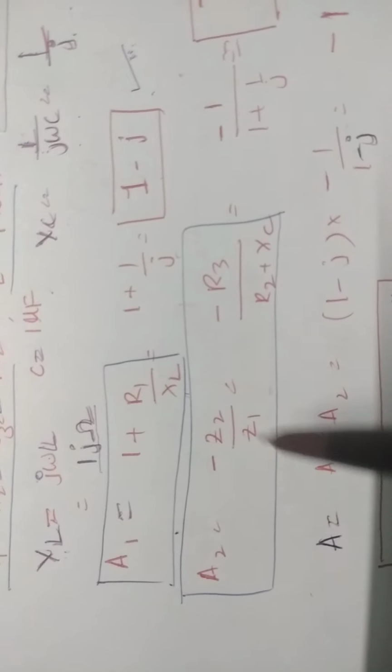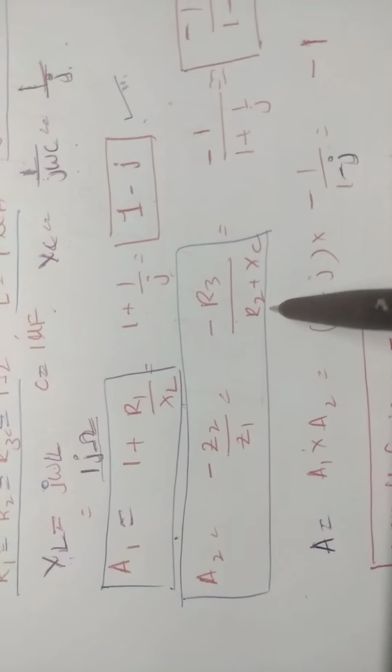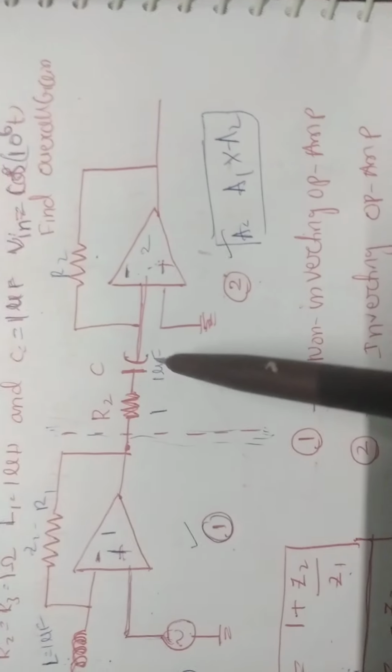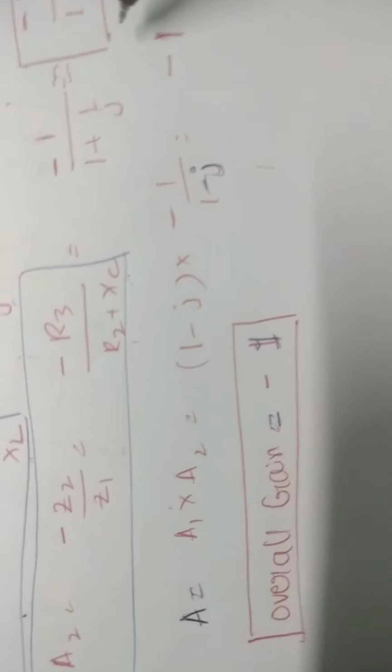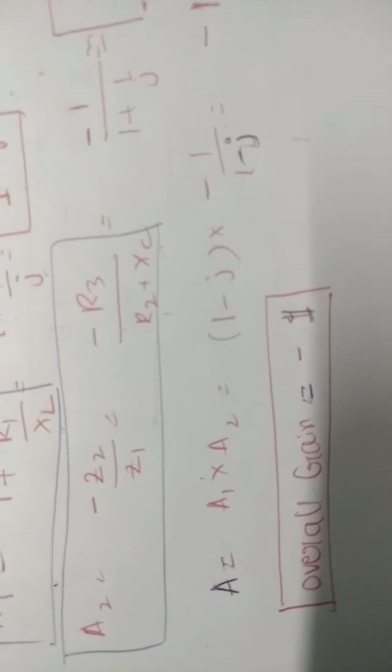A2 is minus Z2 by Z1, that is minus R3 by R2 plus XC, where XC is the capacitive reactance. R2 is connected in series with the capacitance, and this is connected to the inverting amplifier. So you substitute the XC value 1 by j. So this is minus 1 by 1 minus j.